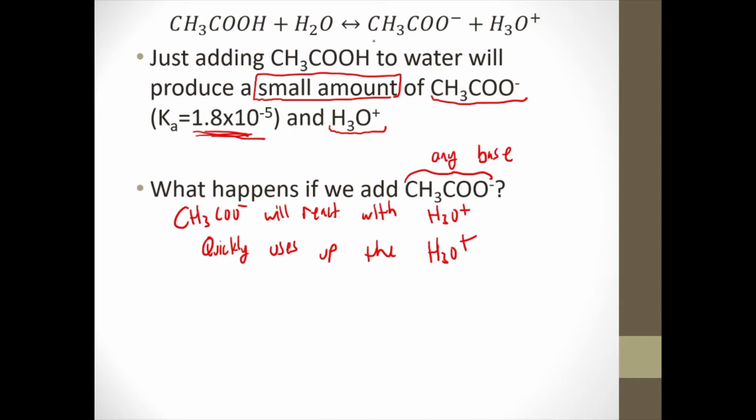And if I look back at my equilibrium, if this gets used up quickly, then any excess CH3COO minus will be forced to react with water, and it'll strip one of these from the water as it tries to re-establish a new equilibrium. So you end up getting a bunch of excess OH minus, and that'll drastically alter the pH because you'll suddenly gain an excess of OH minus, and that'll alter the pH quite significantly.